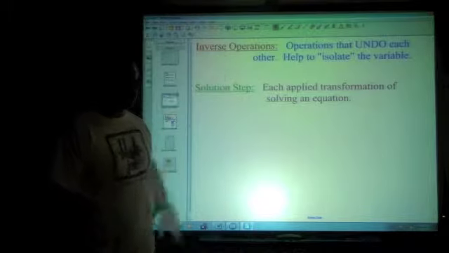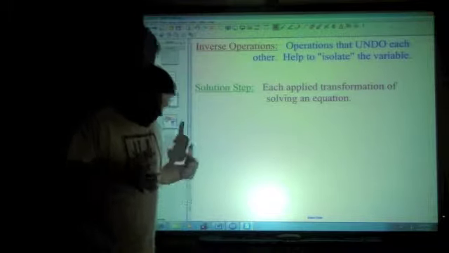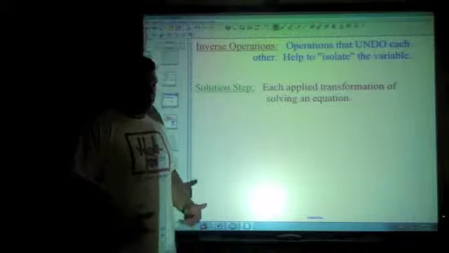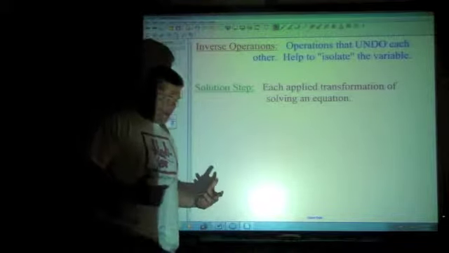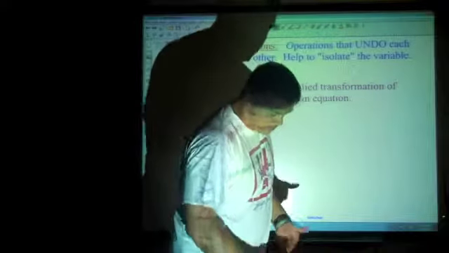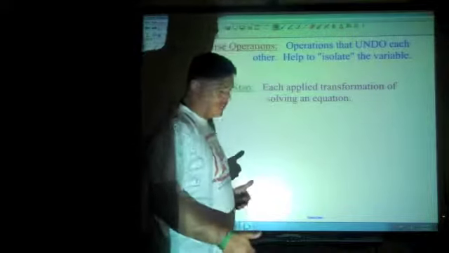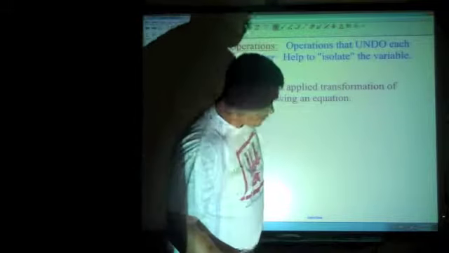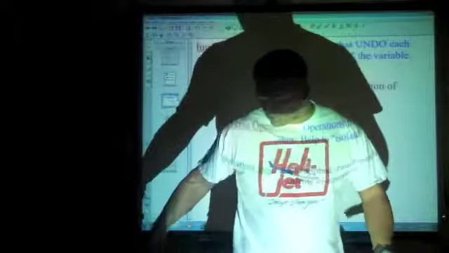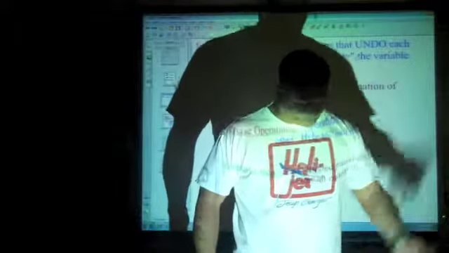Now, I like to think of the inverse operations as something like this. Say I'm starting at the number 0, and I add 5. So if I add 5, now I've stepped here. I'm now at 5, and then I multiply it by 4. If I multiply that 5 by 4, I'm now at 20. So I've changed my location. I was at 0, I added 5, I multiplied by 4.